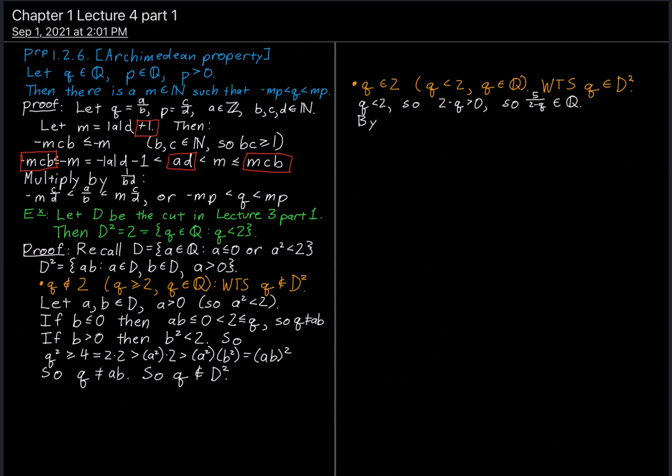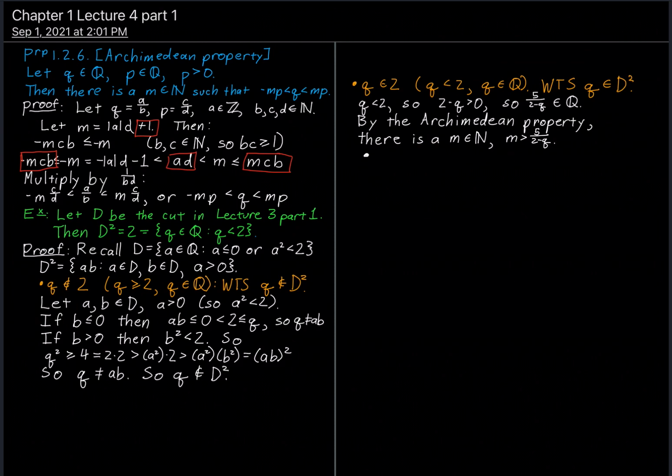And by the Archimedean property, we have a natural number m, with m strictly bigger than 5 over 2 minus q.